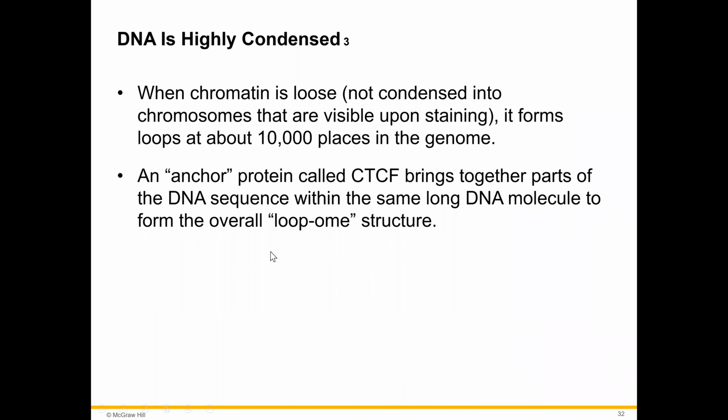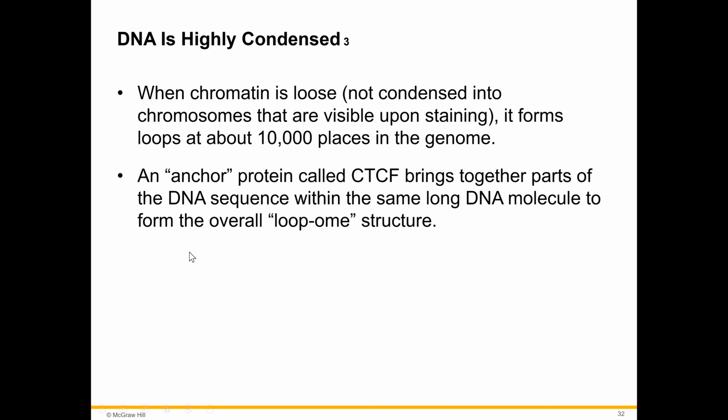When chromatin is loose, not condensed into chromosomes, right? What is chromatin again? Chromatin is just DNA around histones, and it's in a loose form. And when it's loose, not condensed into chromosomes, it forms loops at about 10,000 places in the genome.